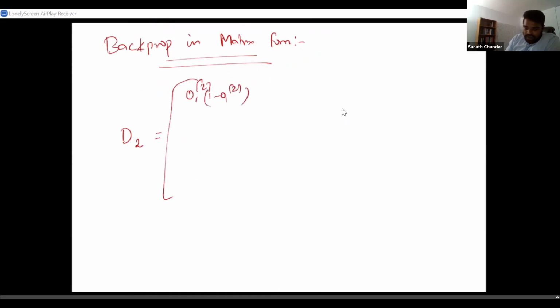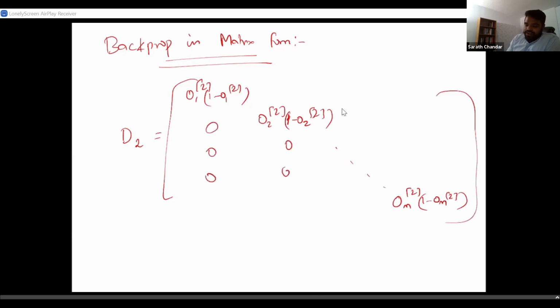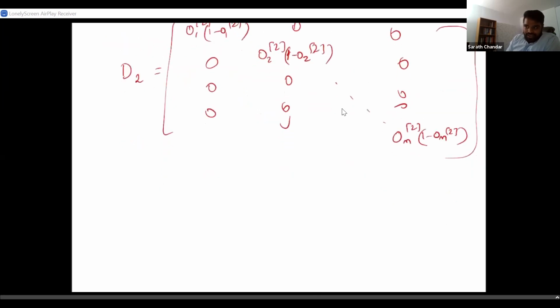right? So we are going to consider this to be in a matrix: 1 minus O22, OM2, 1 minus OM2. Let's just call this the D2 matrix. The rest of it is a diagonal matrix. Similarly, the derivative in the first layer, O1 into 1 minus O1, right?